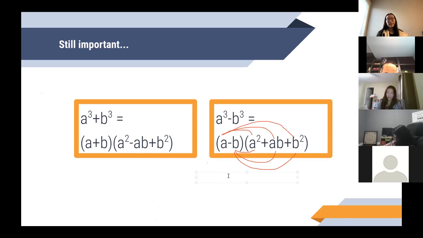All right, so for this, you guys feel free to unmute because I will just ask you the answer for each term. So what is A times A squared? A cubed. Excellent. And then what is A times AB? A squared B. Yep, good job. And then what is A times B squared?